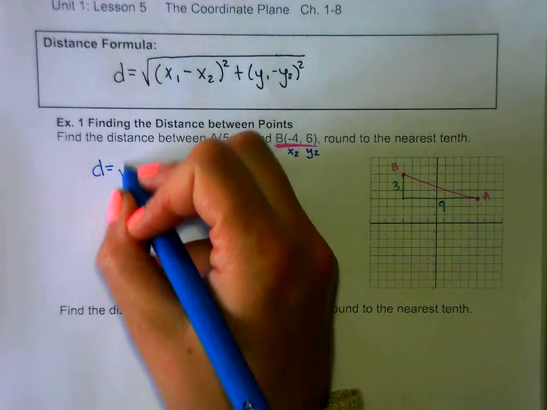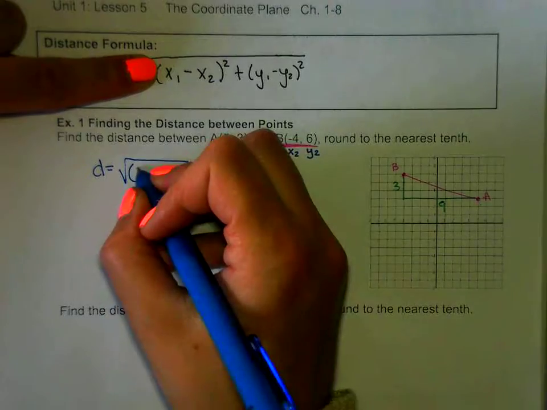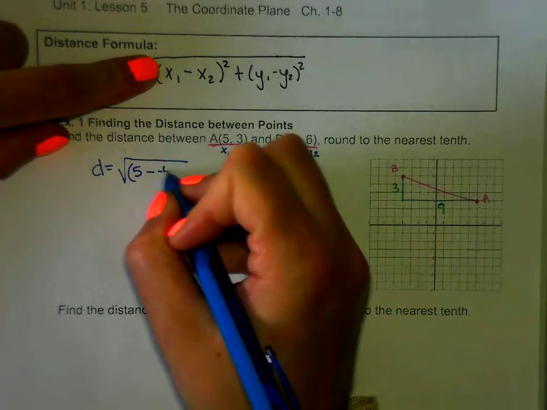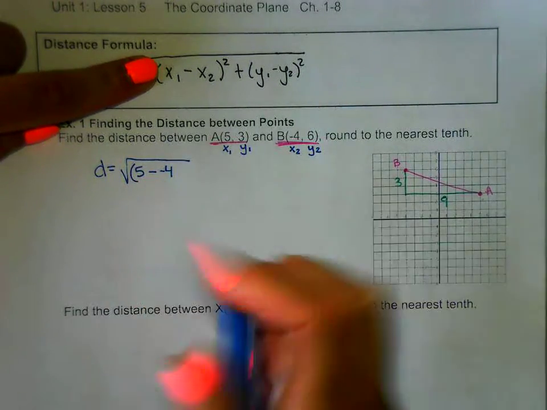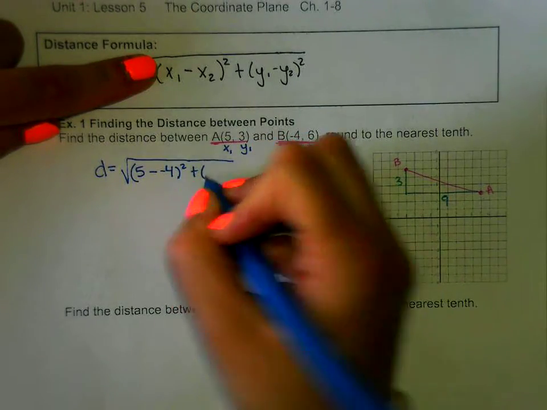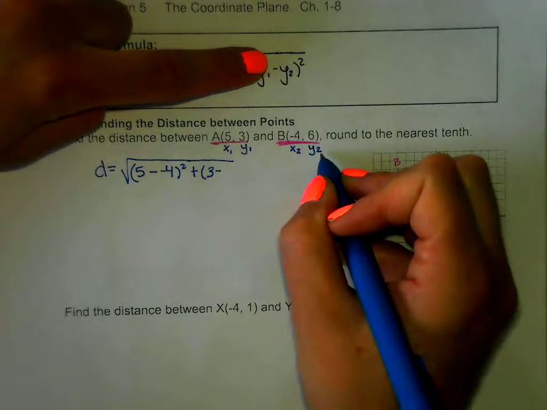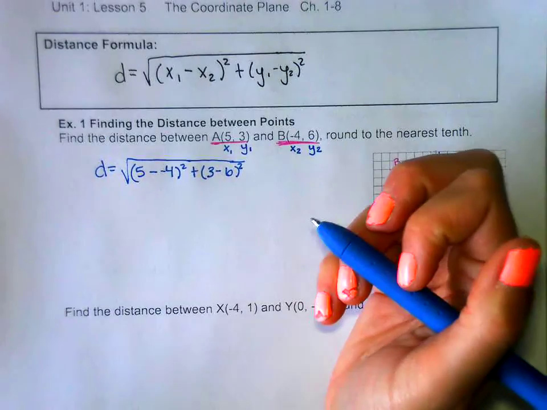So when I go to fill out my distance formula, I'm going to replace my x1 with 5, subtracted by my x2, which is negative 4. Notice how I did double up on my negatives because I'm subtracting a negative, squared. I'm going to add my y1, which is 3, subtracted by my y2, which is 6, and square that.